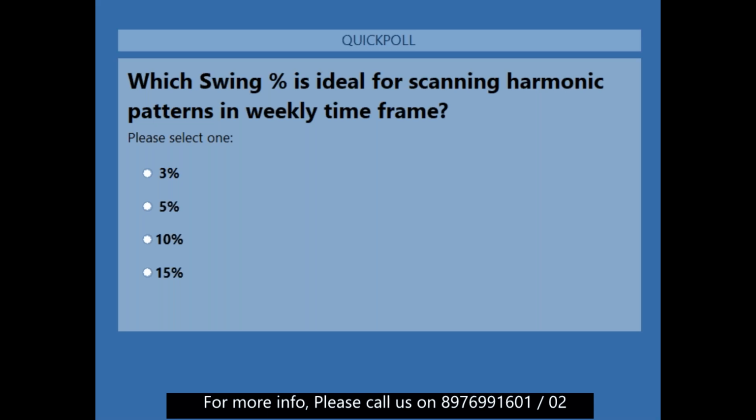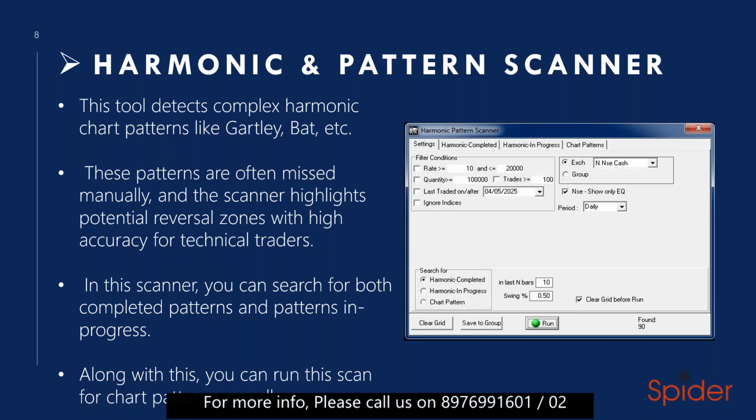I can see over here that only 52% of people have voted in the poll. So please vote in the poll so I can have an idea whether you have used the feature or not. Okay, I can see that the maximum people have voted for 3% and also 5%.